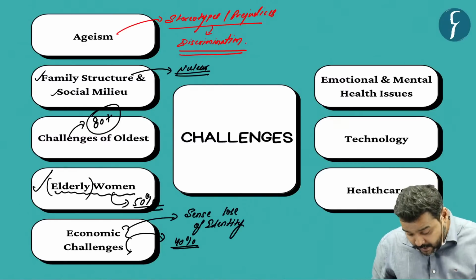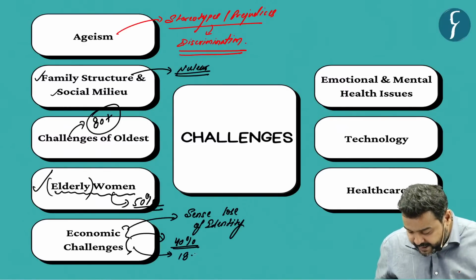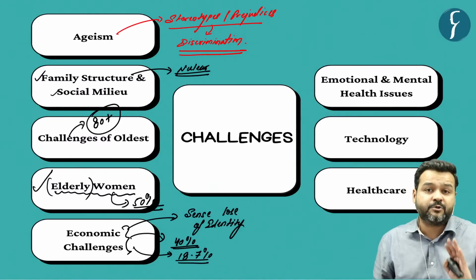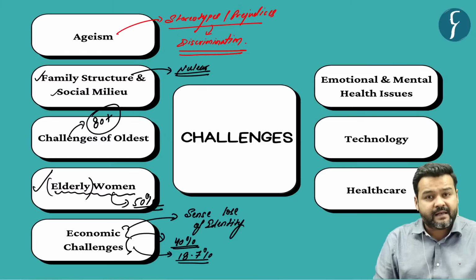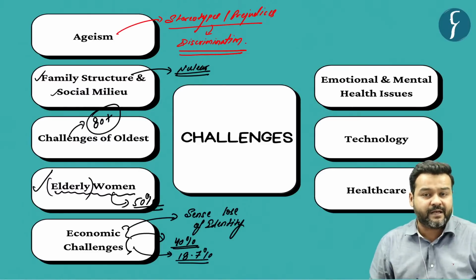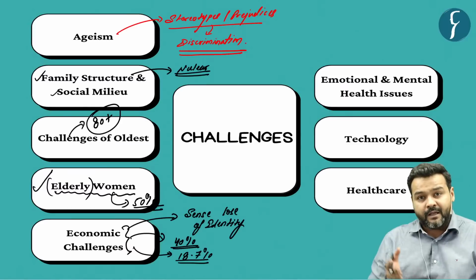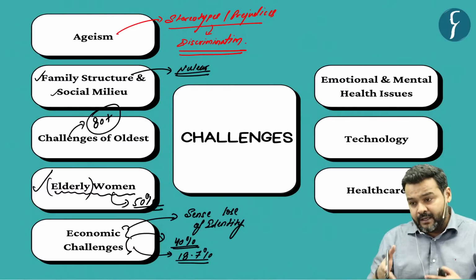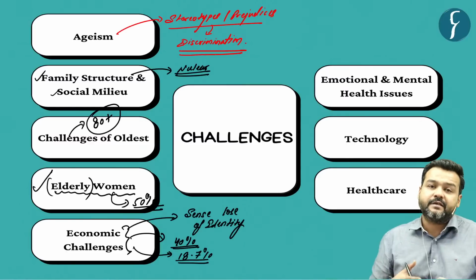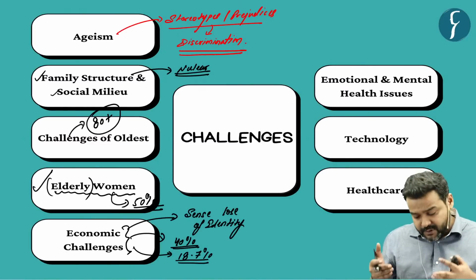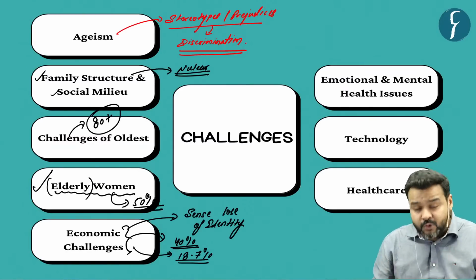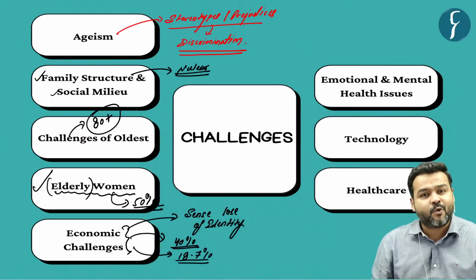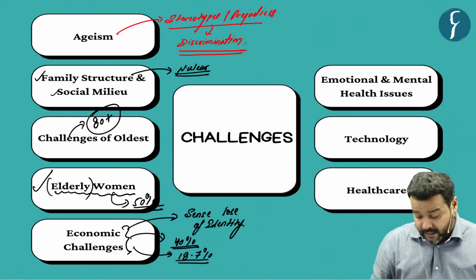Another, as I told you, 18.7% don't have any income source at all. So these are some economic challenges related to their accessibility and their income. Now comes another part. Government has come up with several schemes and various programs which act as a social security net, but most of them have no access to it at all.